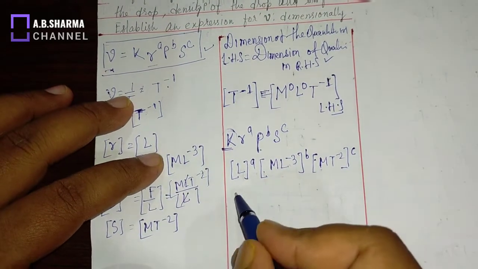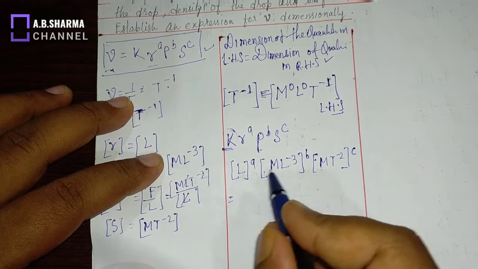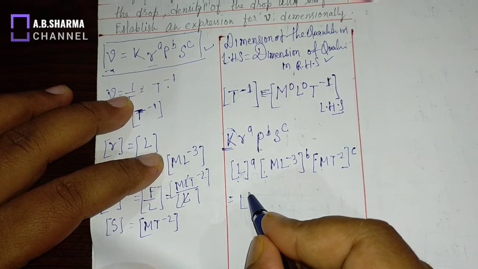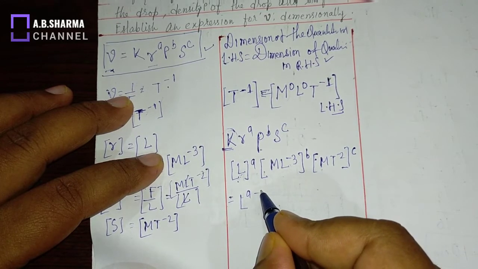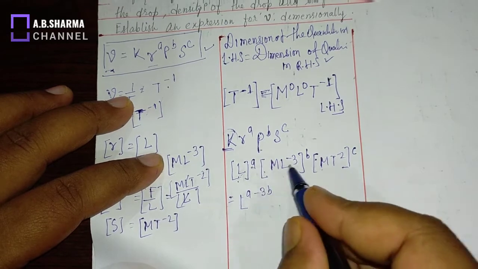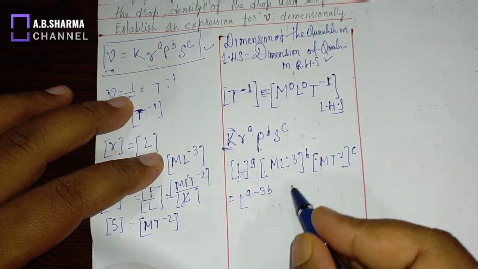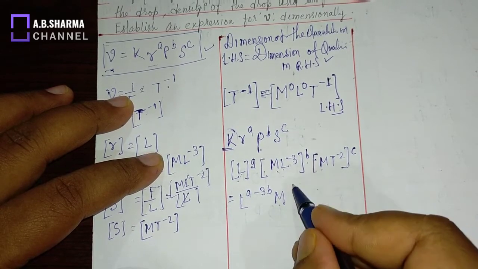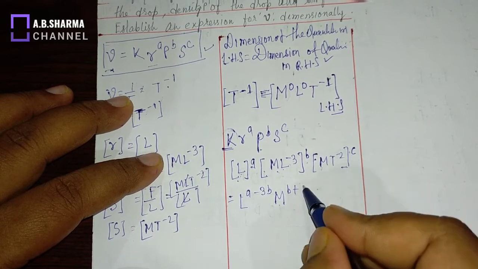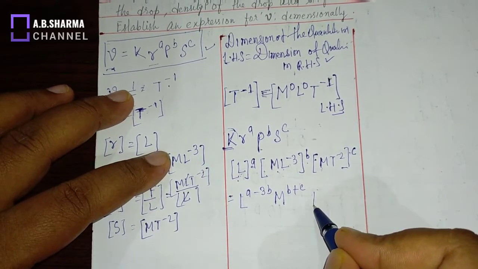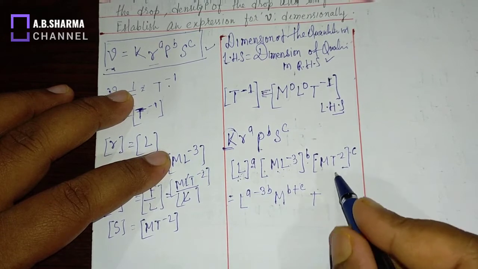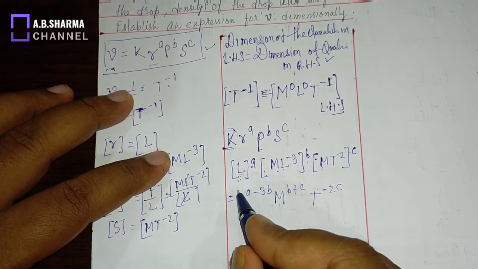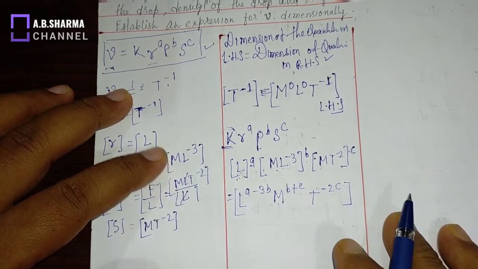Now we will write the powers of each term separately: L to the power a minus 3b, M to the power b plus c, T to the power minus 2c. So this is the dimension of the RHS.